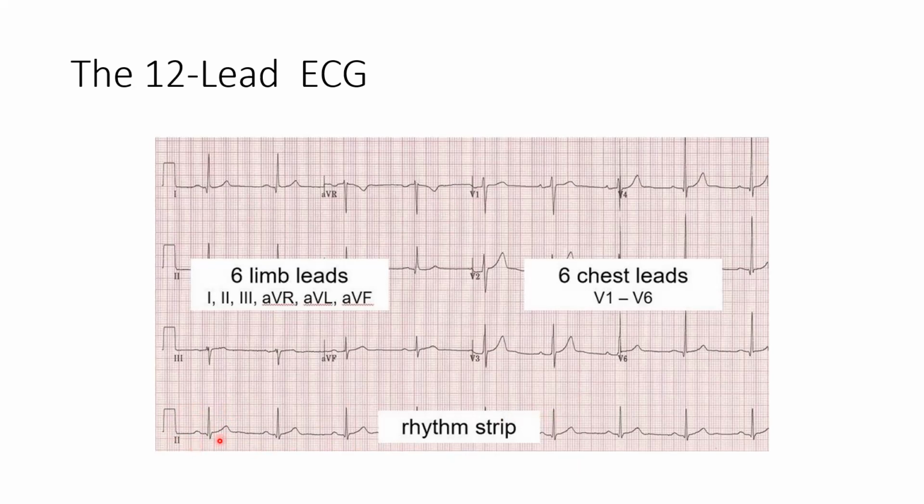So at the bottom of the paper, there will always be 1 or 2 leads that have a continuous rhythm strip. In this example, there's 1 lead, lead 2, and this will facilitate your interpretation of the underlying rhythm that is present. Like in this example, we know that this is a sinus rhythm.